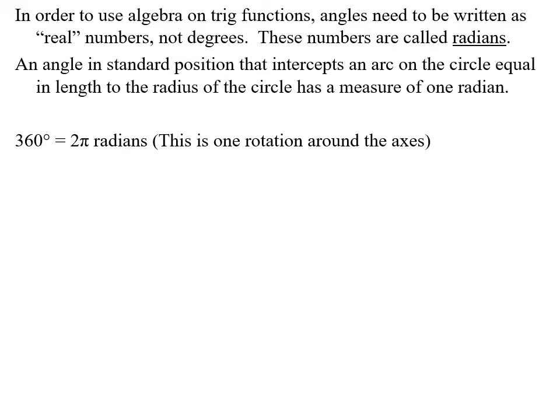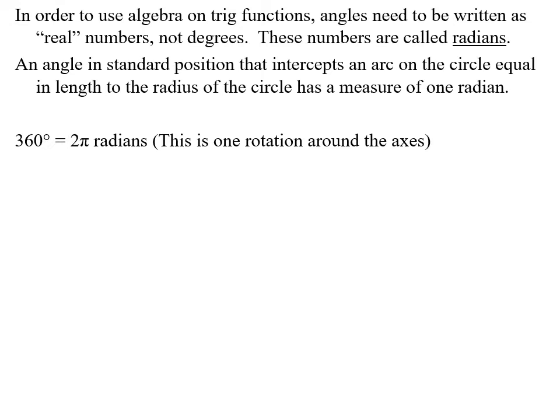So let's talk about what an actual radian is. In order to do algebra on trig functions, we have to have real numbers, not degrees. Degrees from 0 to 360 doesn't translate very well when you try to do graphing and a few other things like that. So we want to change it to something that's not degrees, and we call them radians.